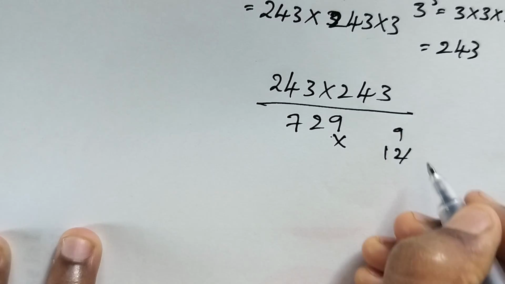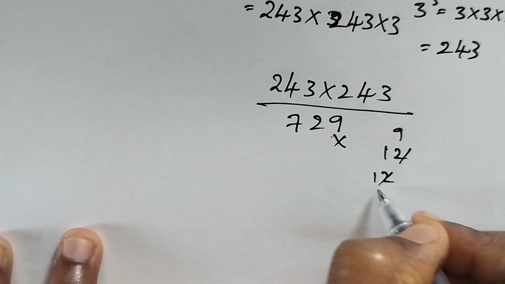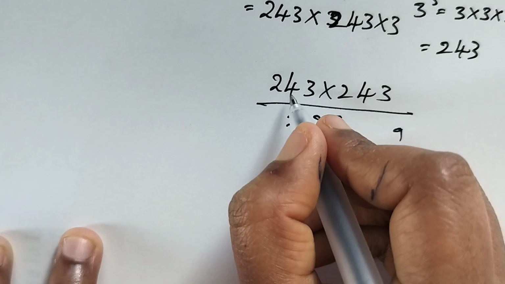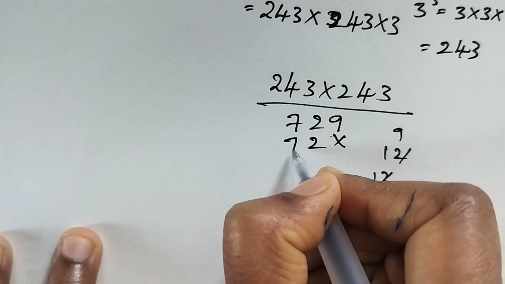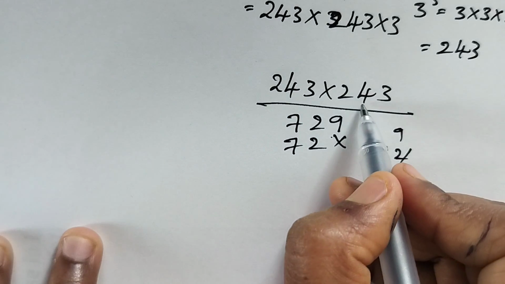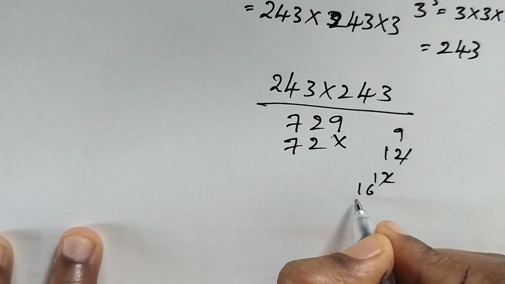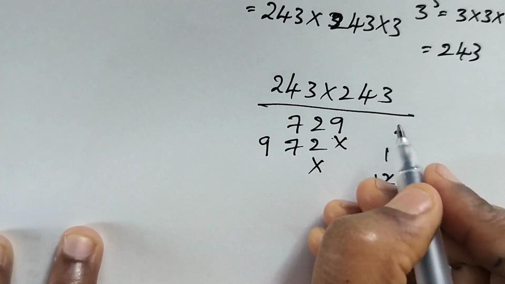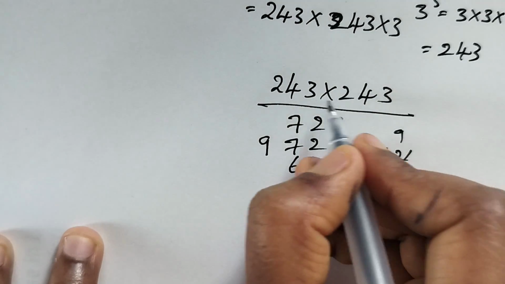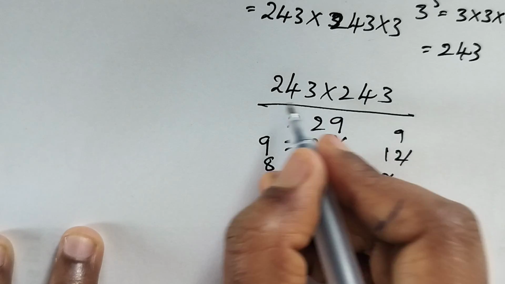Then 4 times 3, 12. 4 times 4, 16, 17. 4 times 2, 8, 9. Then 2 times 3, 6. 2 times 4, 8. 2 times 2, 4.